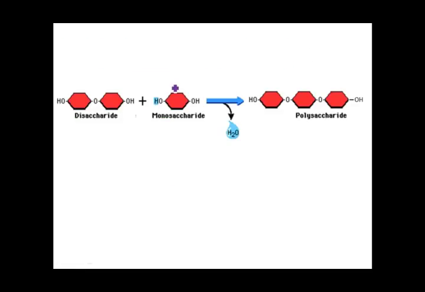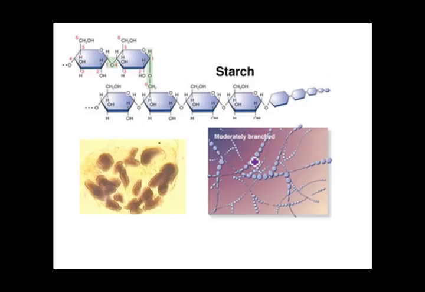Okay, so essentially you would take a disaccharide and add a monosaccharide to that. You're going to pull out water, and now you're going to have this new linkage where you have a new bond formed. Okay, if you wanted to make a longer polysaccharide, then you would just keep doing that, adding another subunit and pulling water out. And indeed, the polysaccharides are very large, okay? So there are 3 polysaccharides that are common.